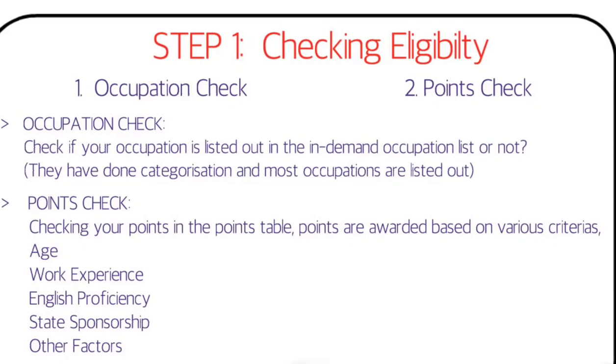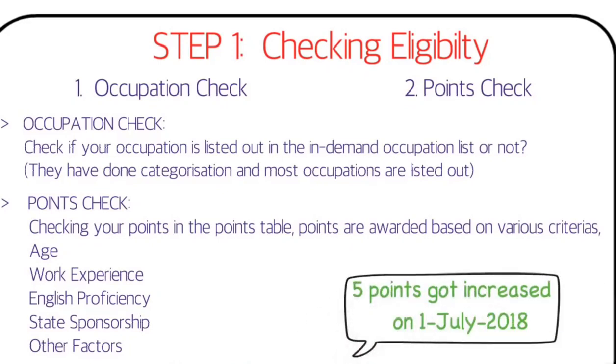Now let me tell you that the minimum points for eligibility is now 65 points. So when you count your points, you have to calculate accordingly, and check if you reach the 65 points criteria or not.